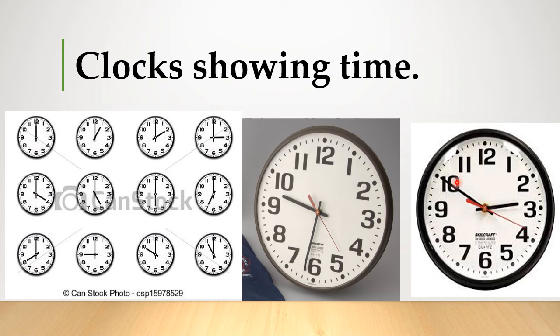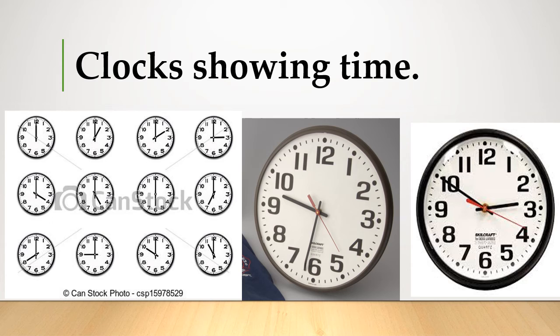So when someone asks you how many minutes to, you easily count, each gap here is 5 minutes. You count 5, 10, 10 minutes to 3. Do you understand better?